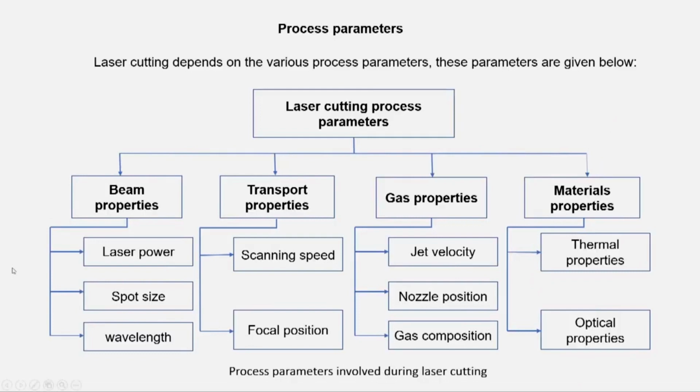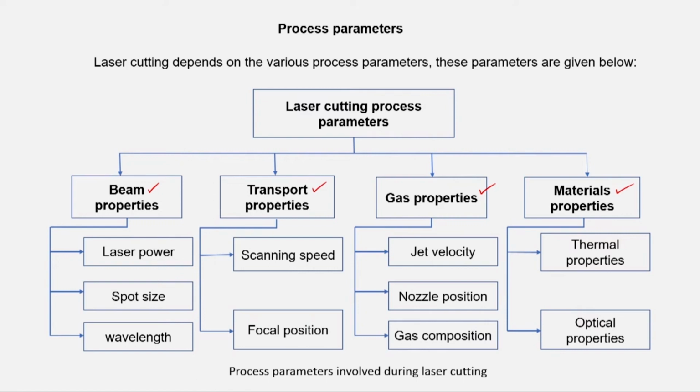Now, let us see the detailed classification of the process parameters used in LBM, laser based machining or material removal. These process parameters are broadly classified into 4 categories: beam properties, transport properties, gas properties, and material properties.